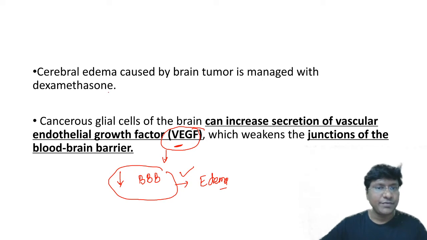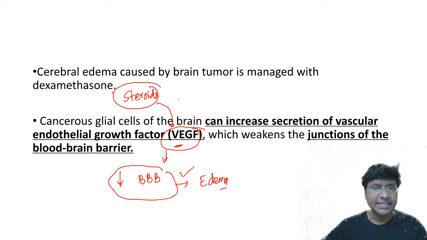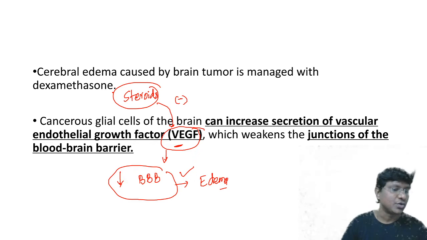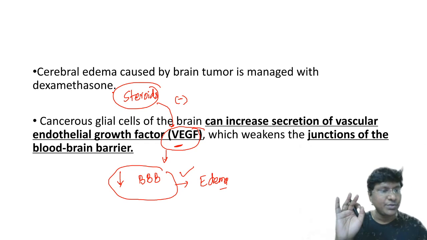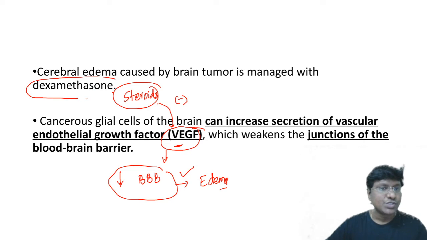Now, when you give steroids, what do the steroids do? The steroids will inhibit the production of vascular endothelial growth factor, and thereby there is no edema formation. What is the particular steroid that you need to give in patients with brain tumor? That is dexamethasone.